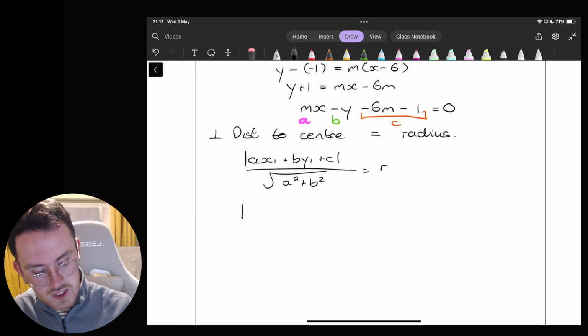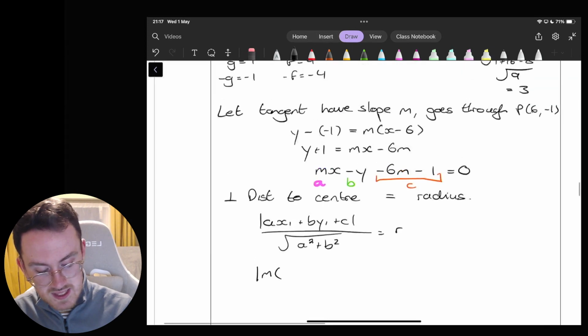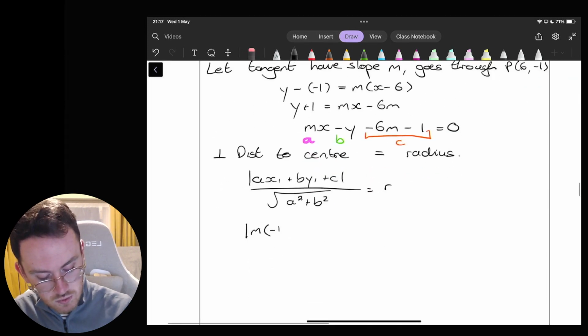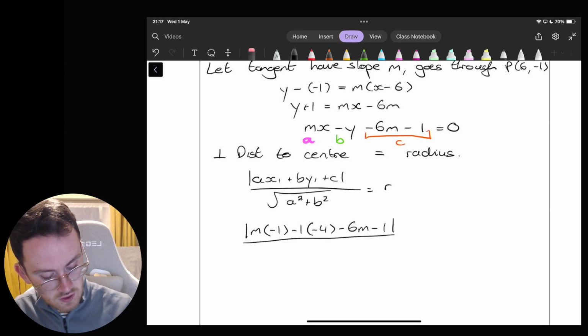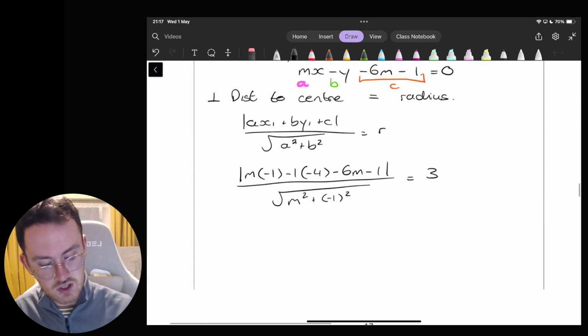So subbing all these points in here, m by x1, the point I want to use is the center. So the center is minus 1 for x, and minus 1 for B here, and the other center point is minus 4. C we said was minus 6m minus 1, all over the square root of m squared plus (minus 1) squared, and that should be equal to the radius, which is 3.